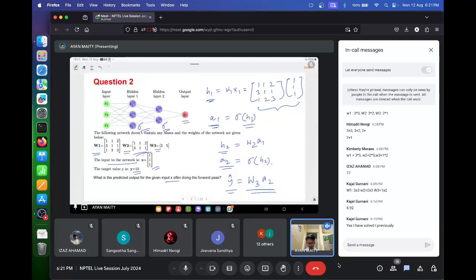You have to multiply the input with the weight matrix, then compute the sigmoid, then the activation is propagated to the next layer, then again use that activation and multiply it with the next weight, and then again compute the sigmoid. And this is how you have to compute the output for a given input X.